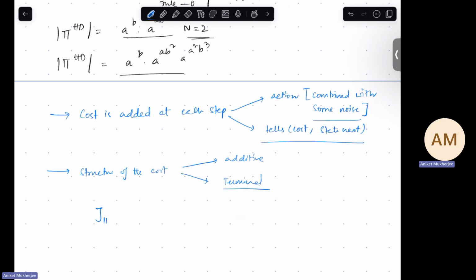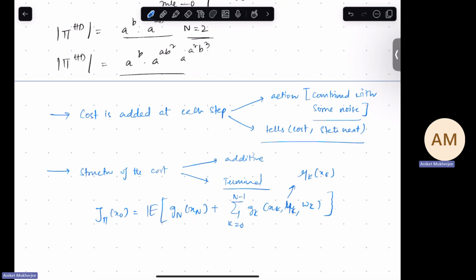So I'll write down the cost function again. This is for any pi. Pi need not be in MD, it could be for any pi. Your cost function is the average terminal cost plus your stage-wise costs, where your mu k is basically a function of xk, where you get the uk.